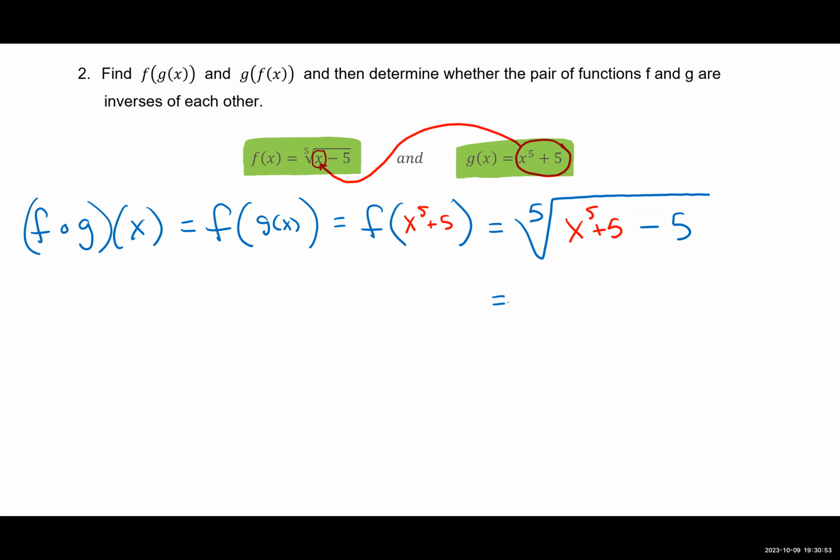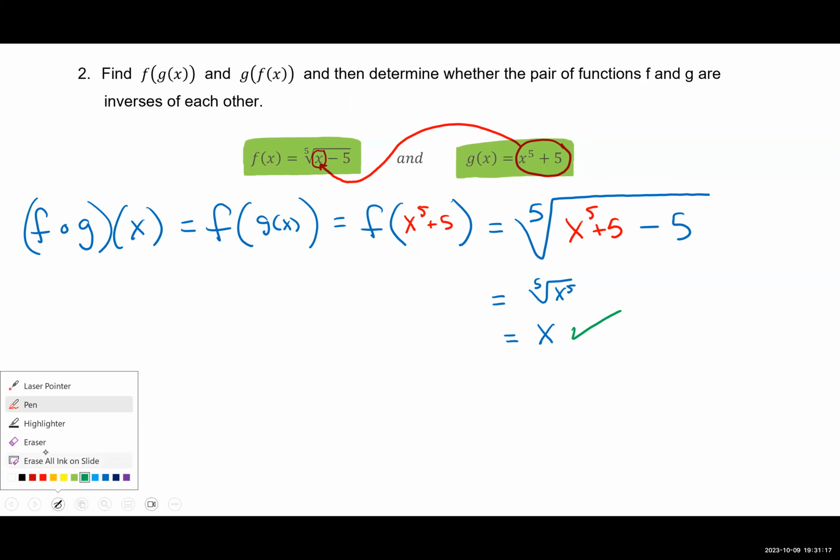And very quickly we see plus 5 and minus 5 cancel. So that's the 5th root of x to the 5th, which is x. Check. We plugged the g into the f, and we got x, just x by itself, positive 1x.